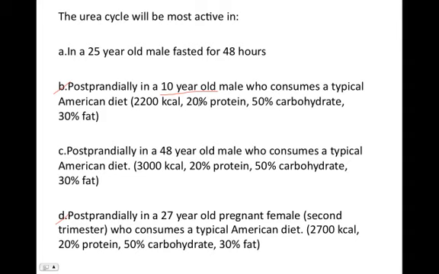In a 25-year-old male fasted for 48 hours, or a 48-year-old male who consumes a typical American diet. Although in the fasted individual the urea cycle will be elevated, after 48 hours we still have sufficient glycogenolysis occurring, such that gluconeogenesis, although it is happening, is not happening to a great extent.